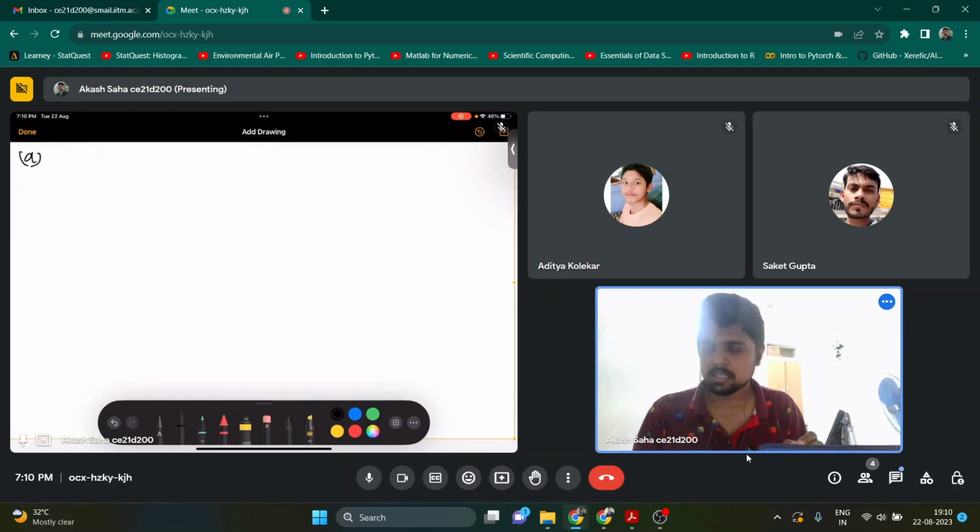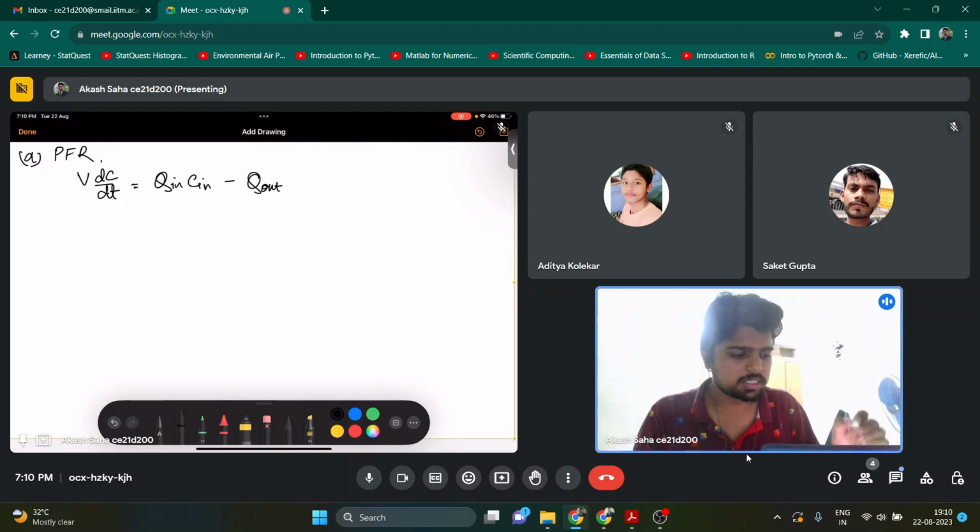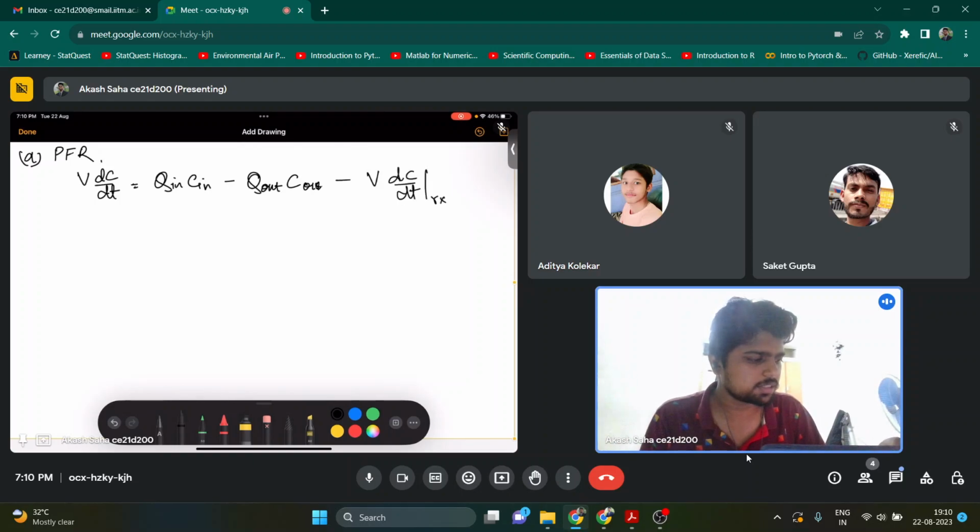So the A part, it says that we have a PFR reactor. So we know the general equation of any mass balance equation. It will be V dC/dt equal to Q influent into concentration of influent minus discharge of the outflow into the concentration in the outflow, minus, because it's a non-conservative type of pollutant, so it will decay, V dC/dt of the reaction.